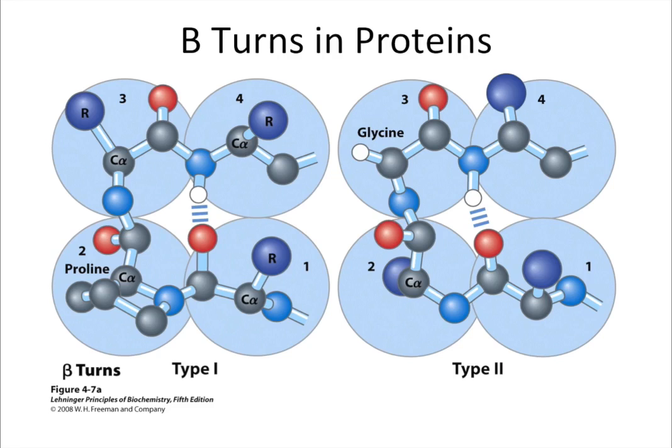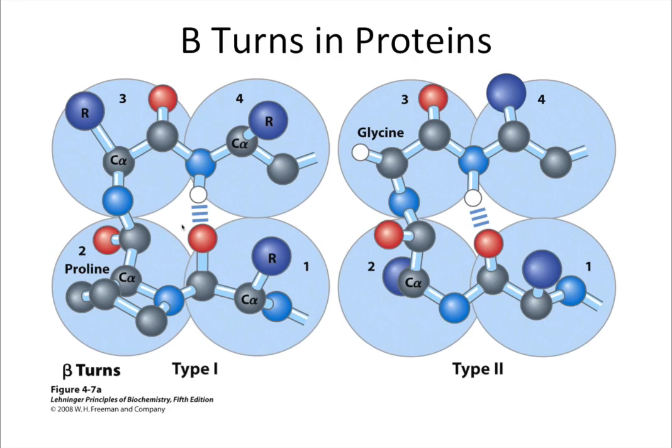Glycine is small. Again, it only has a hydrogen atom as a substituent group, so it's very flexible and it can fit into small spaces when necessary. The nitrogen atom that is present in the ring structure of proline, again, it sort of restricts certain motions, and it basically forms a cis conformation, which actually helps when you have a change in direction along a polypeptide chain.